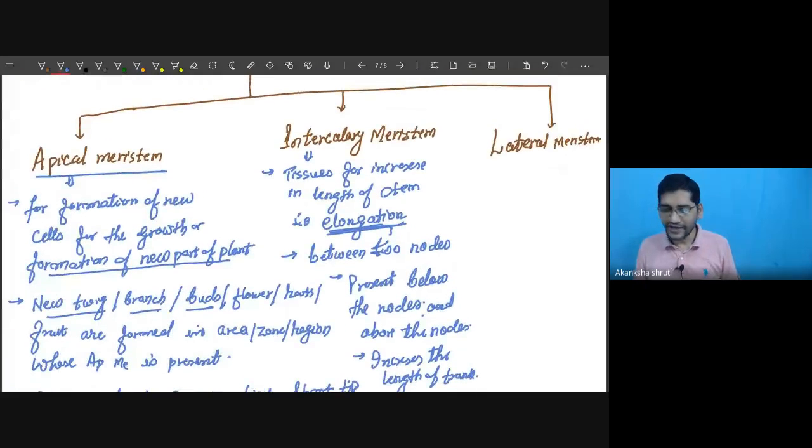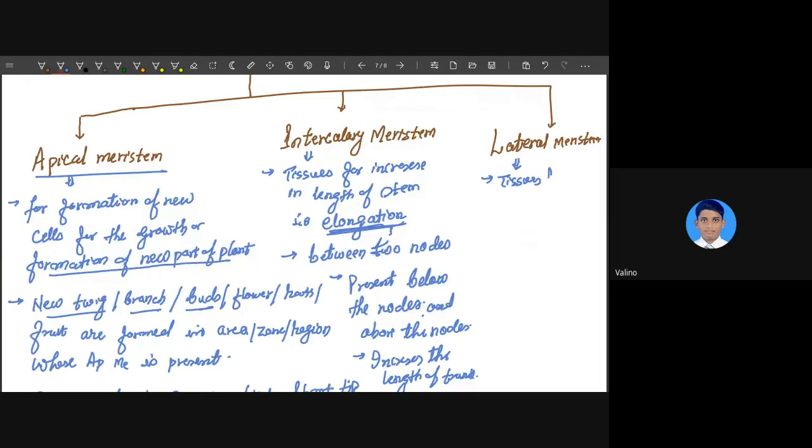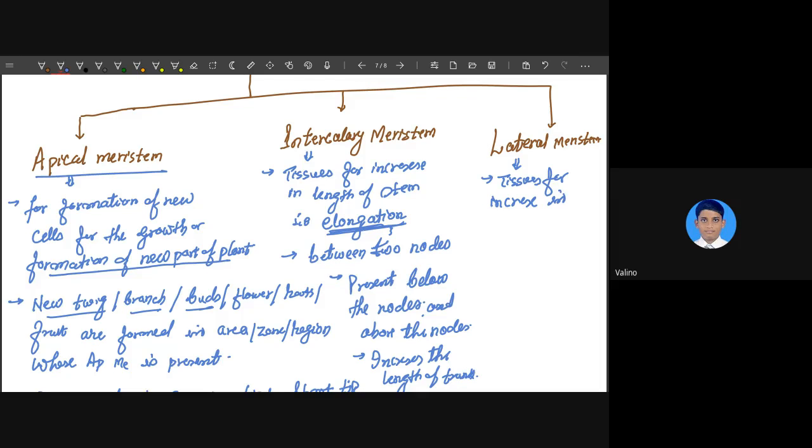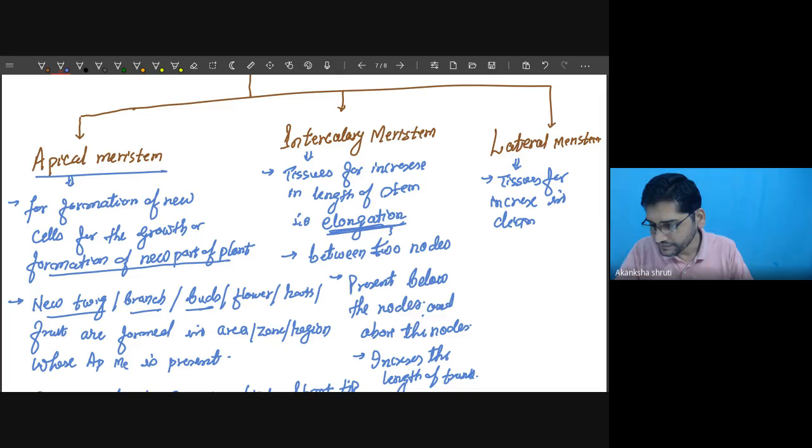The last one is called lateral. This lateral is very easy. So it is the tissue that helps in growth of the diameter of the plant, the increase in diameter or thickness of the branch. For the growth of the plant's diameter or thickness, the term used is girth of the plant.